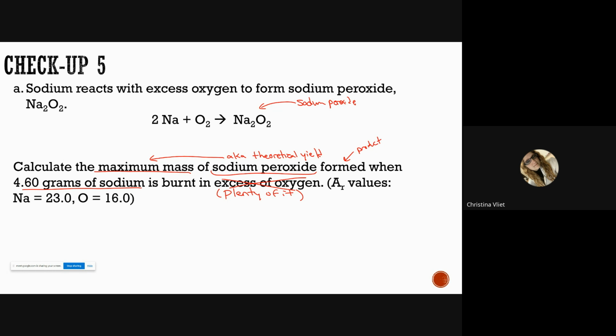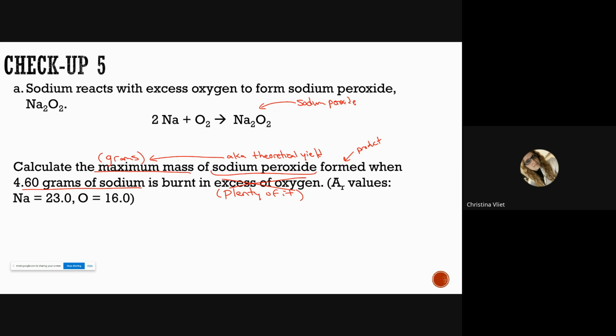And so all this is really asking for is to calculate the grams. It's asking to calculate the grams you could get of sodium peroxide. Maximum mass just means we can use the law of conservation of mass to solve. So this is not any different from any question we've seen, except we have grams and we're looking for grams. Last year, if you took the class with me, I showed you a way to do grams to grams calculations.